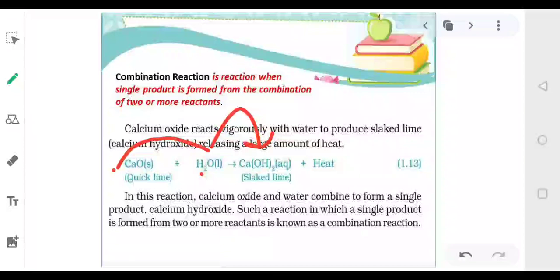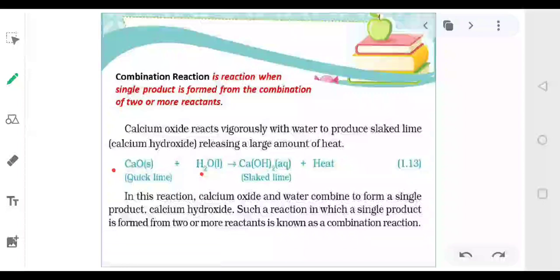Calcium oxide plus water gives calcium hydroxide, that is slaked lime, and here heat is evolved. So CaO plus H2O gives Ca(OH)2. In this reaction, calcium oxide and water combine to form a single product, calcium hydroxide.